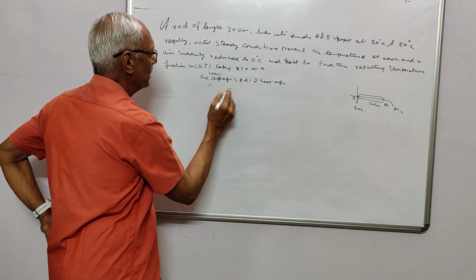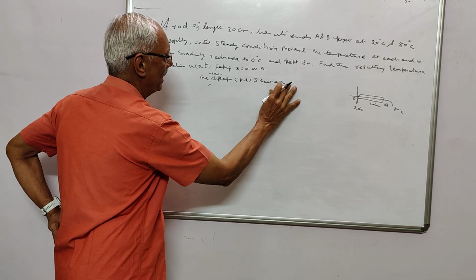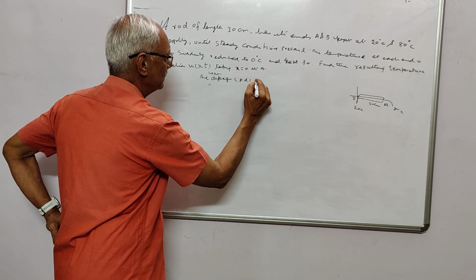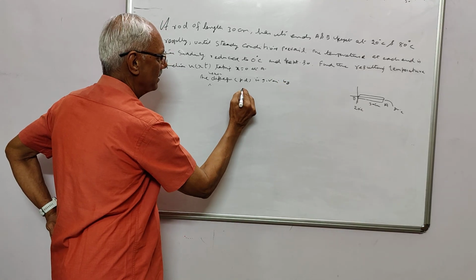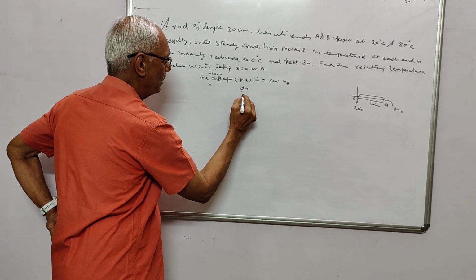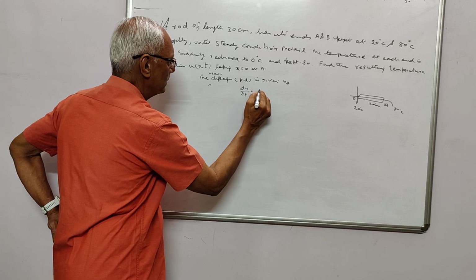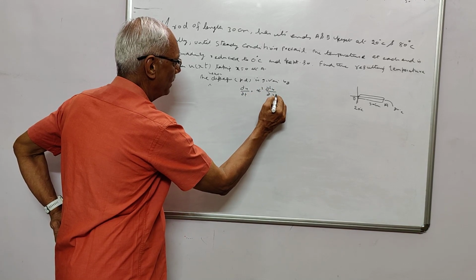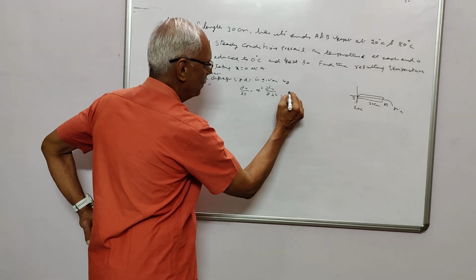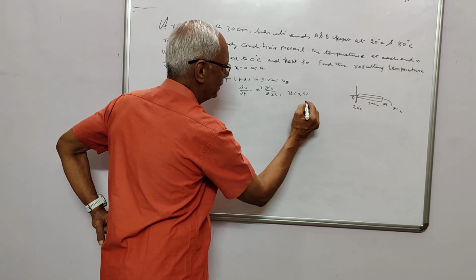The heat differential equation is given by dou u by dou t is equal to alpha squared into dou squared u by dou x squared, and u of x,t is a function.